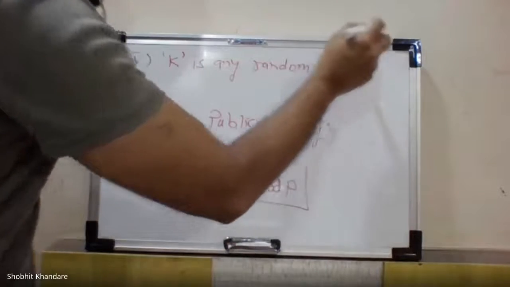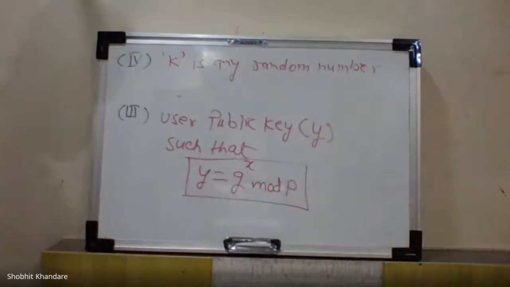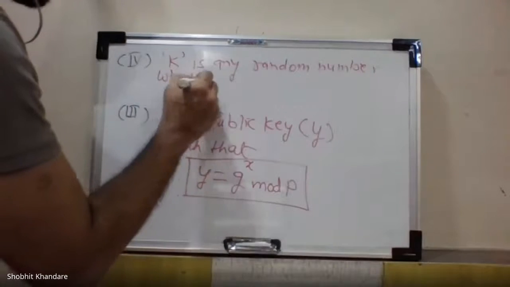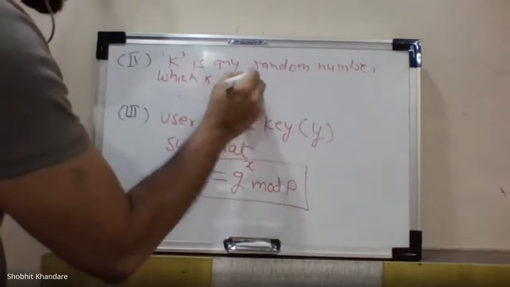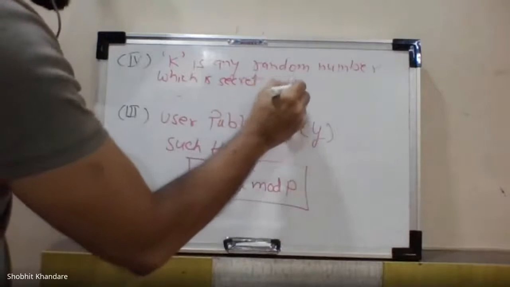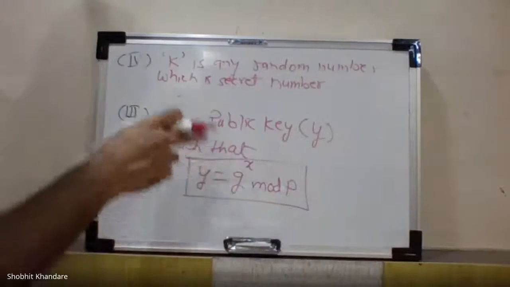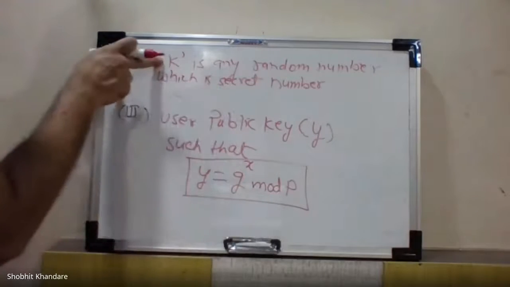K is any random number which is a secret number. Underline secret number. Why is it called a secret number? Because the sender is the one who has assumed this k.